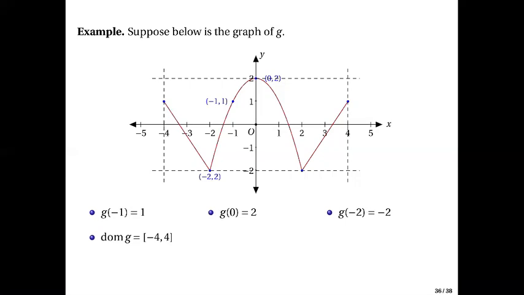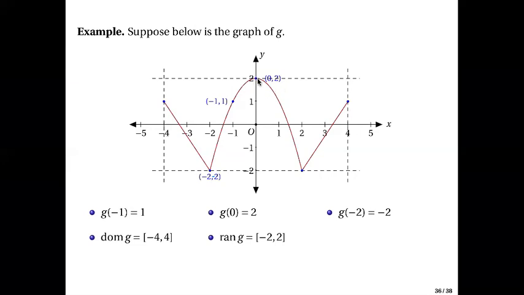And then we also get the range. The range are the y values. But notice, the y values. The lowest value for y is negative 2 here. The highest value for y is positive 2.